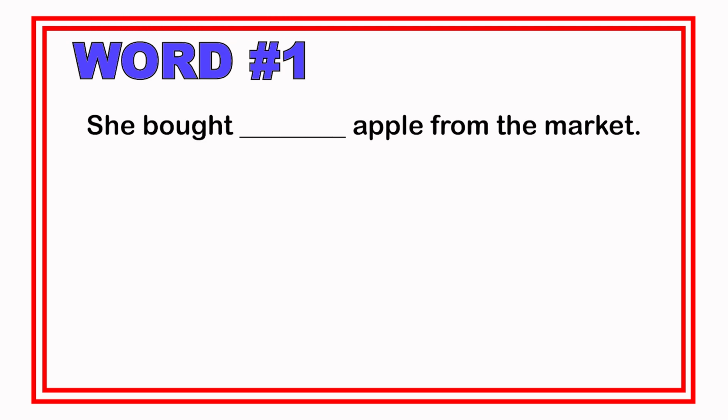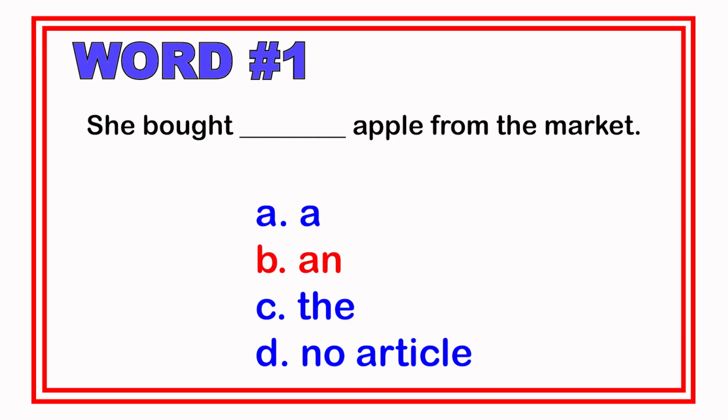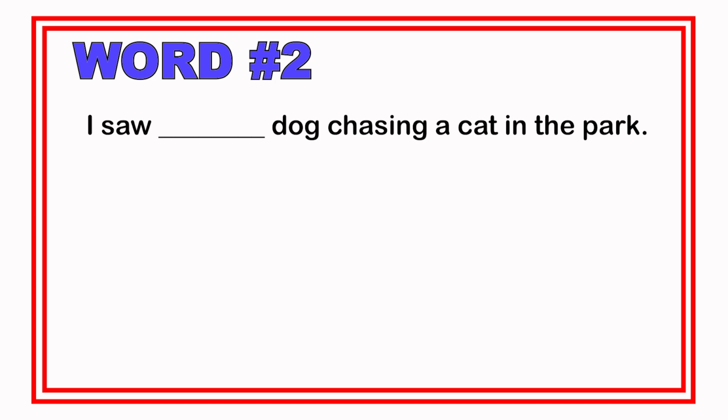Number 1, she bought something, apple, from the market. She bought an apple from the market. Number 2, I saw something, dog chasing a cat in the park.